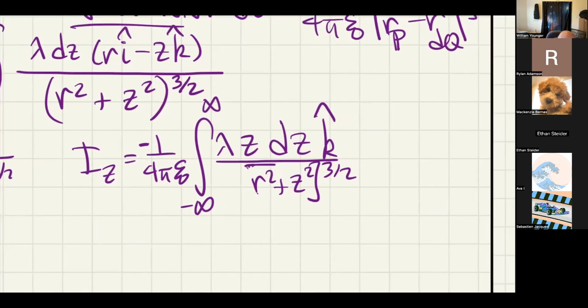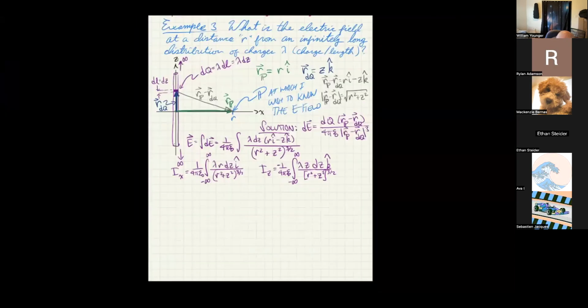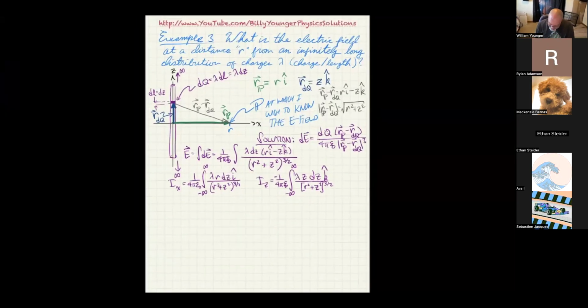It's going to have an x component and a z component. It's going to have this i term that we see right here, and this k term right here.